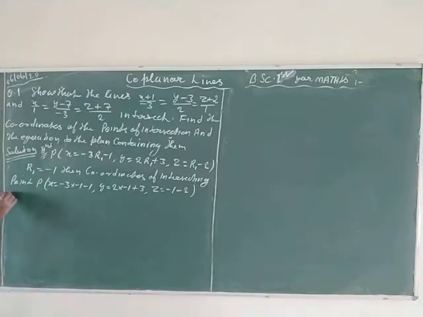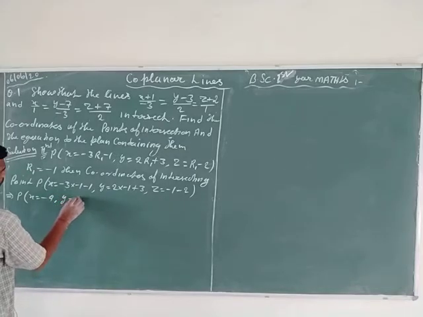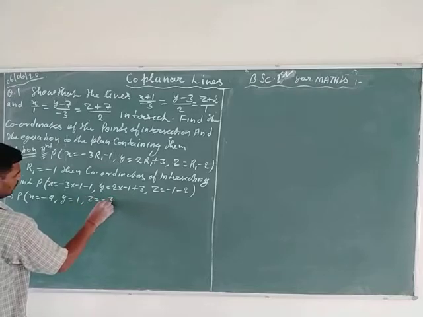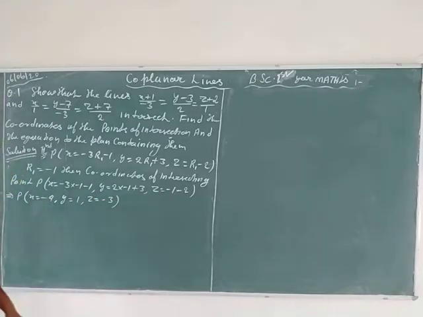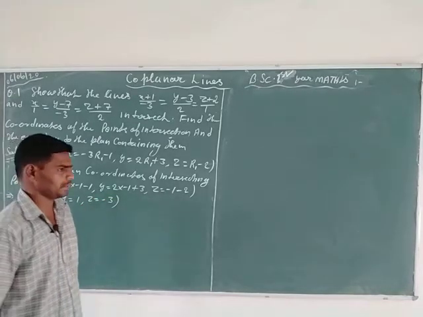After simplification, the complete coordinates of point P are x is equal to -4, y is equal to -2 plus 3 is equal to 1, and z is equal to -3.